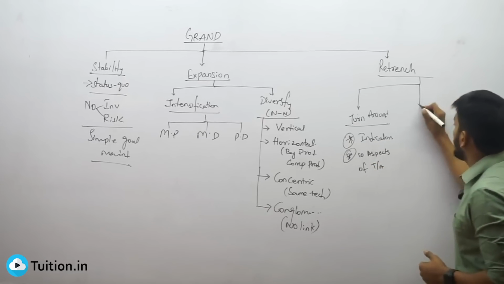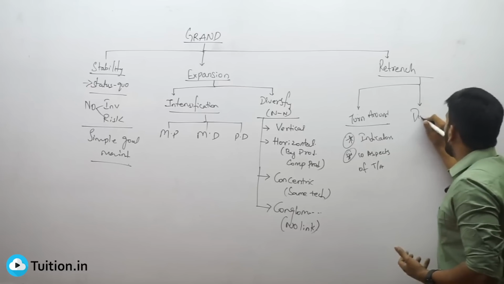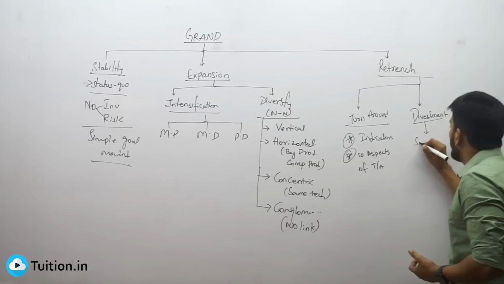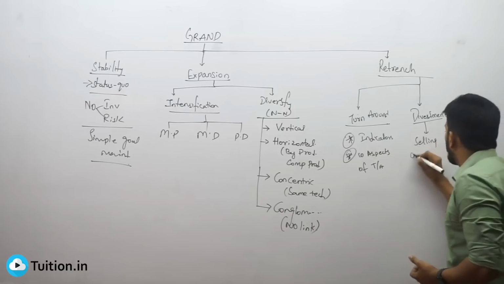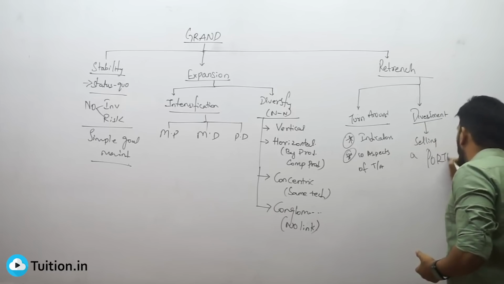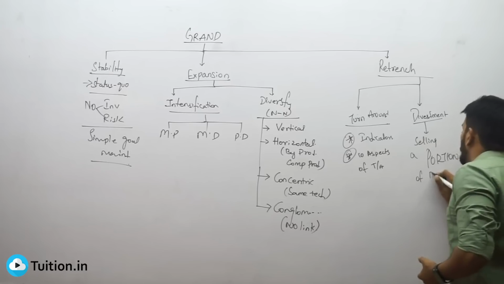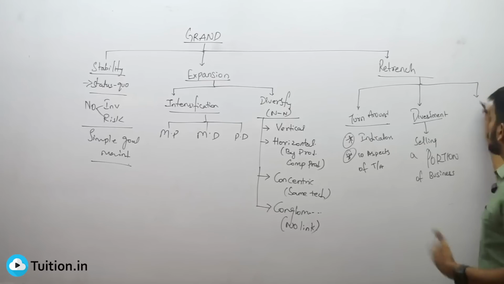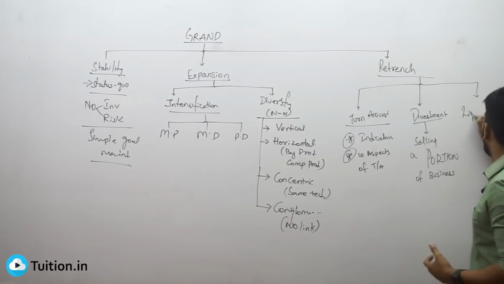And then after turnaround, there's something called divestment. What is divestment, guys? Divestment is all about selling a portion of the business, not the whole one. And then we have the last one, which is called liquidation.